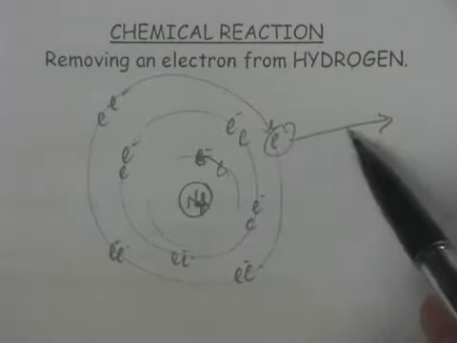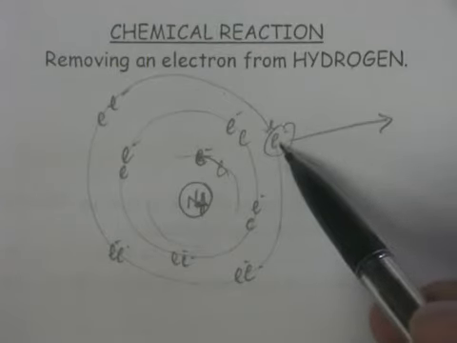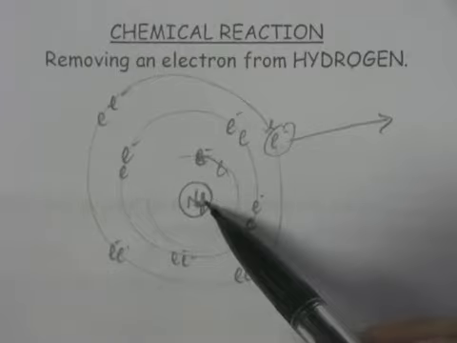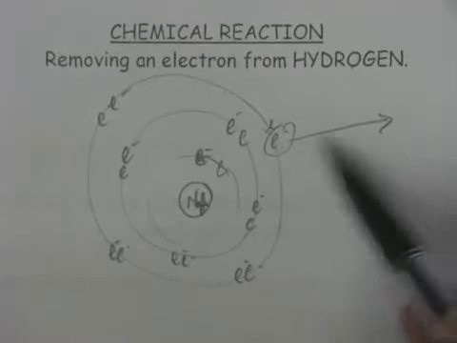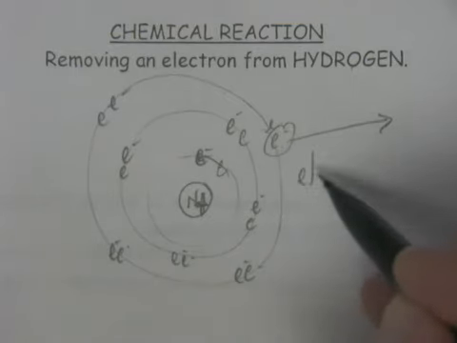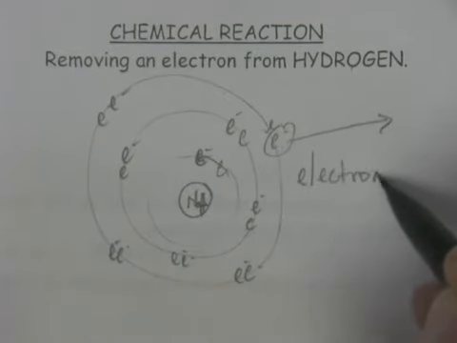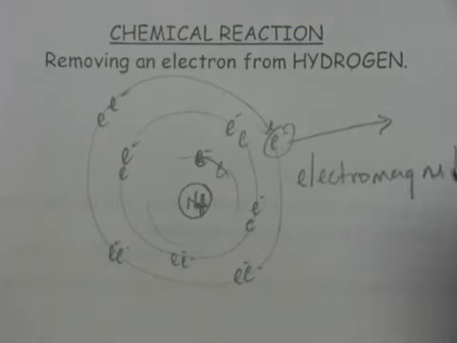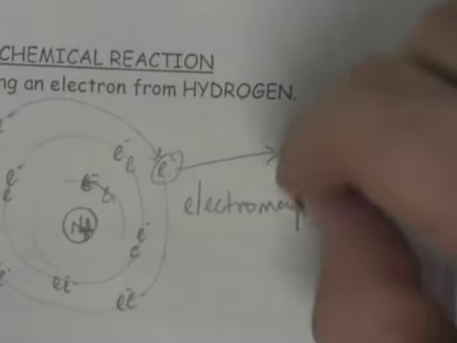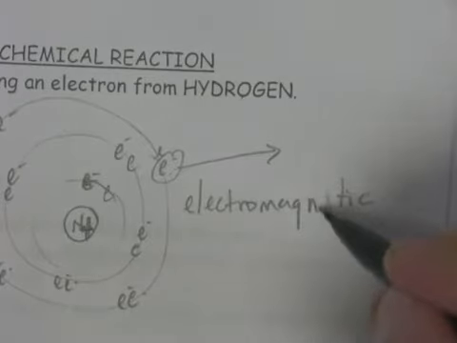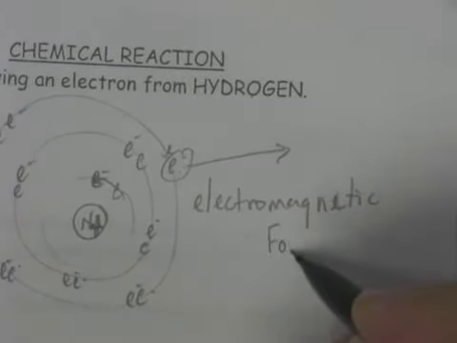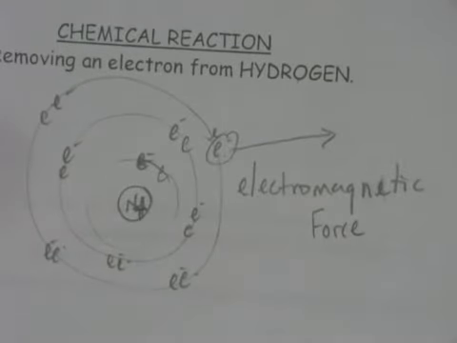And so if I remove this electron, which is negative, that electron doesn't want to leave because it's attracted to this positive. So for me to remove this electron means I have to overcome what's called the electromagnetic force.